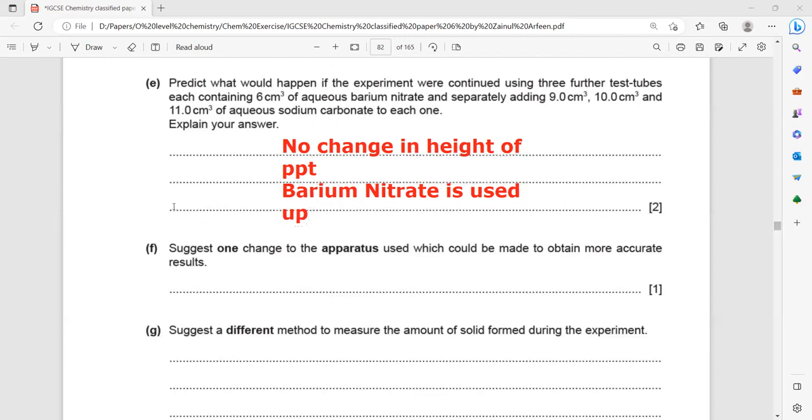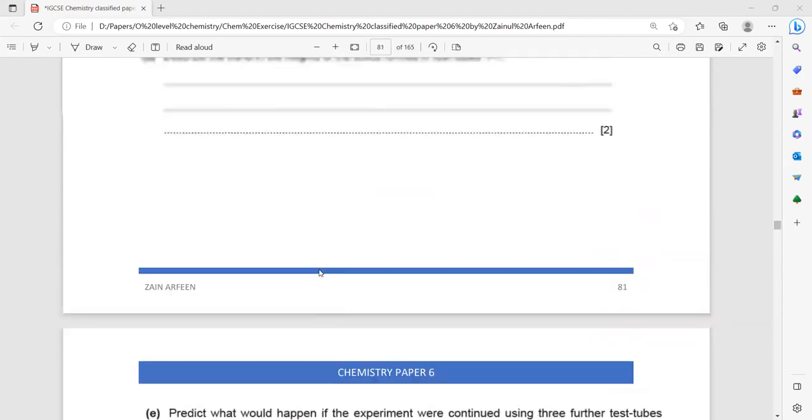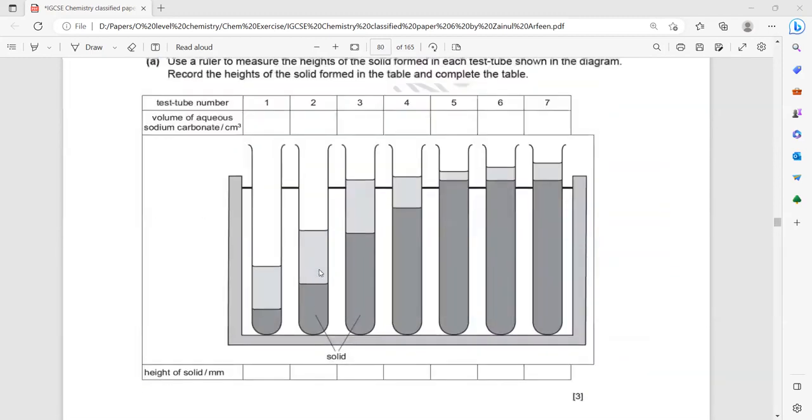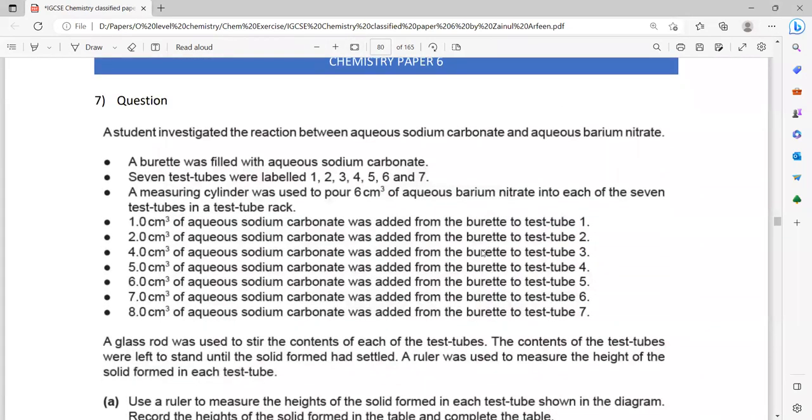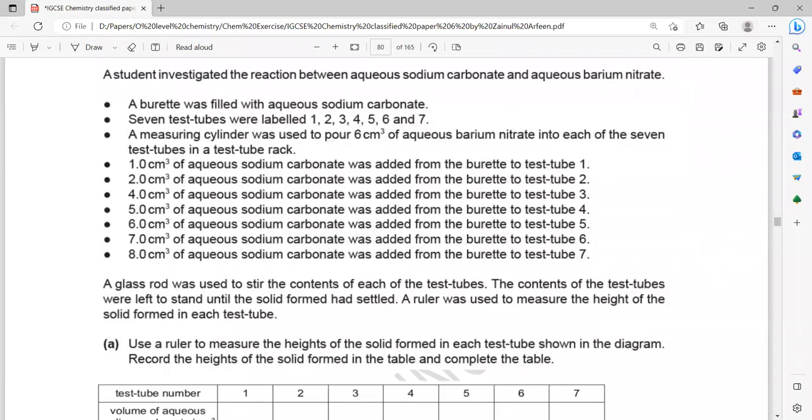Suggest one change to the apparatus which could be made to obtain more accurate results. Whenever a question is related to a change in apparatus, you should always read the first part of the experiment, the things we used. What did we use? We used a measuring cylinder.